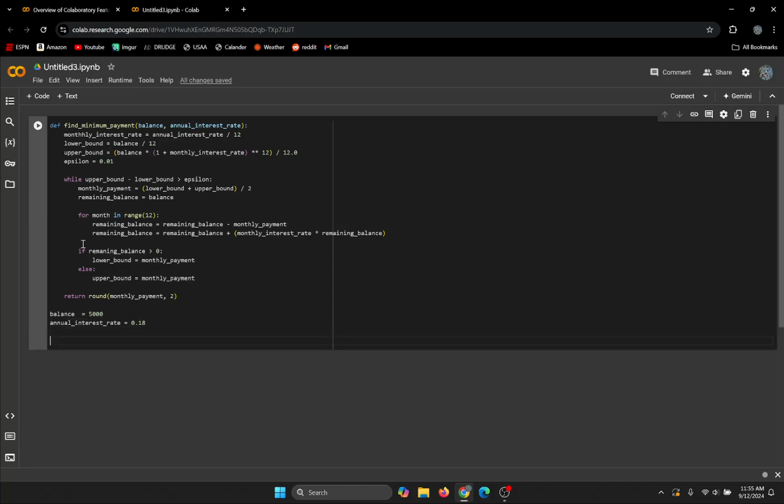And we need to run the function using those values. It's going to use the balance and the annual interest rate.